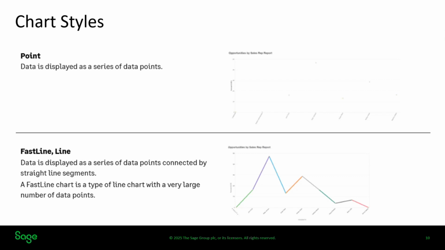If we look at the next type, which is the fast line, this is where the line is displayed as a series of data points connected by straight line segments, and it's suitable for when you've got a very large amount of data elements and you want to have that representation. And again, it is for where you're looking at trends across, typically, say, time.